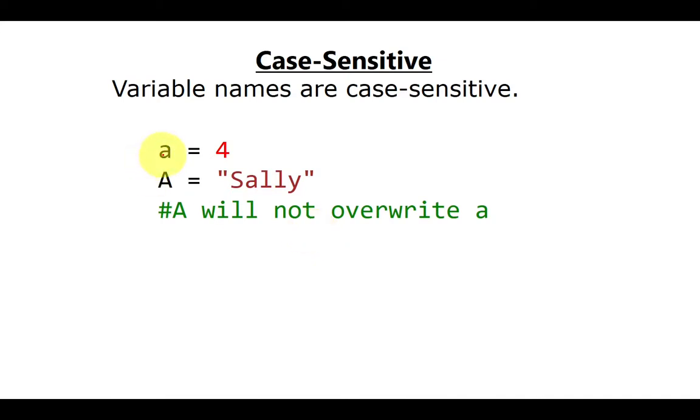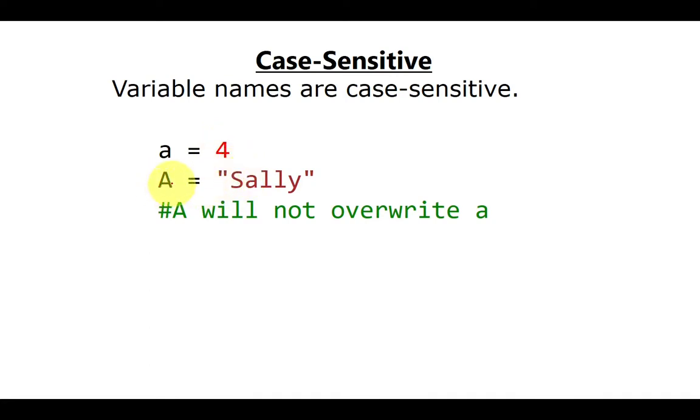Case sensitive. Variable names are case sensitive. So if you use a small letter a as a variable and you assign the value 4 to it and you want to call it back again, you have to use a small letter. If you use a capital letter, you're not going to get that same value.